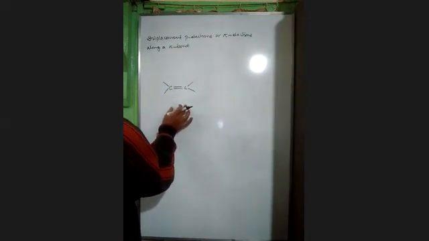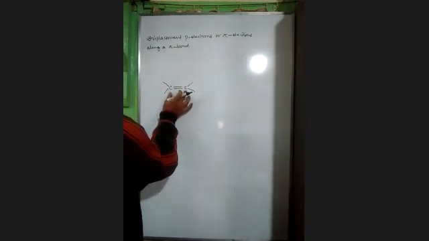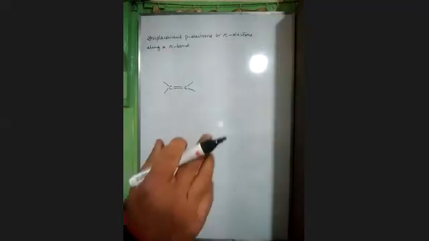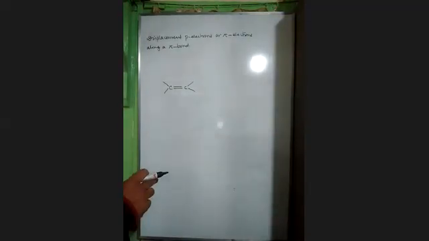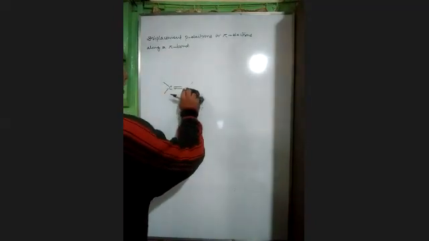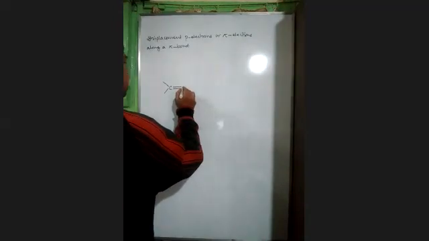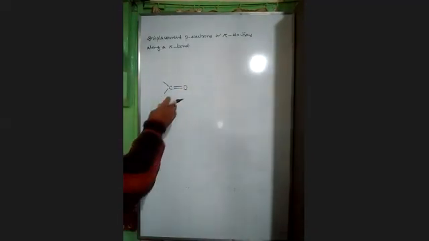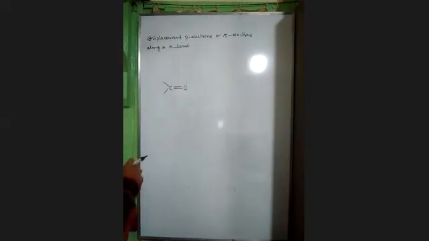So in this case, see here, both the carbons having the same electronegativity, no displacement of electrons will take place. So if you have an atom like this, oxygen, see oxygen here is more electronegative.